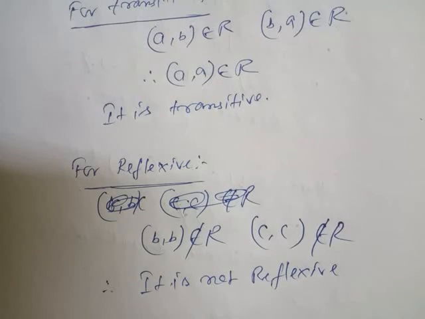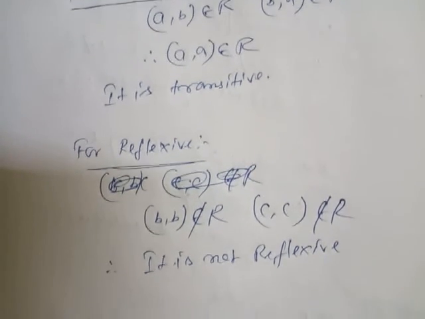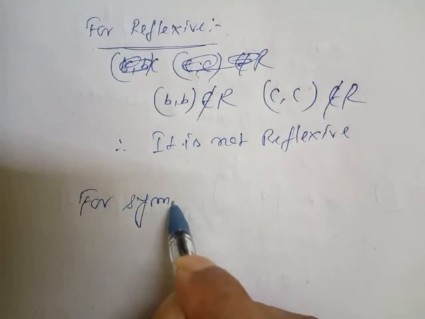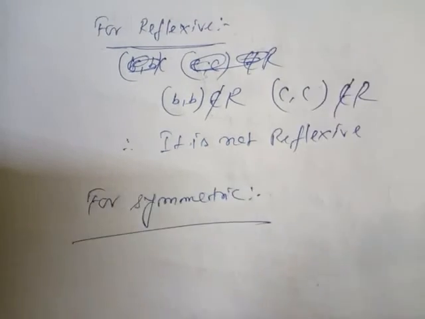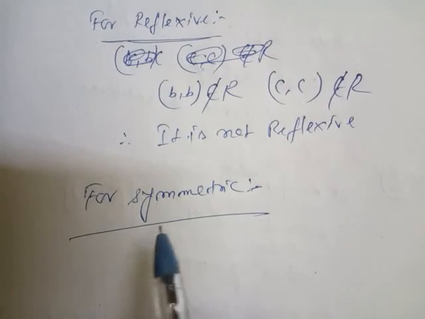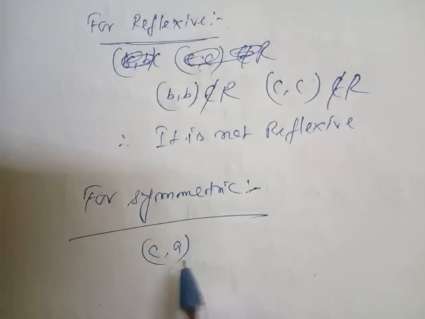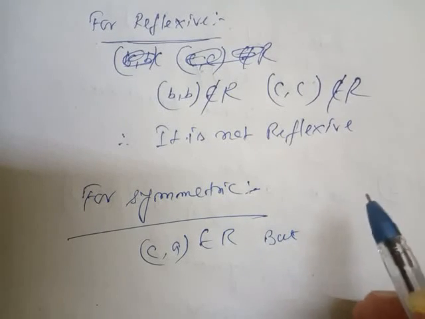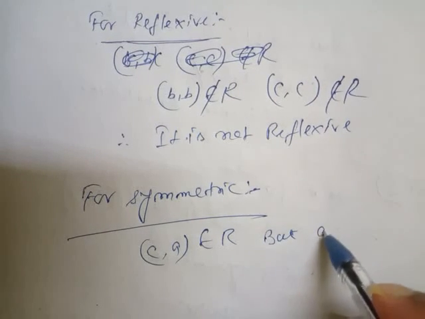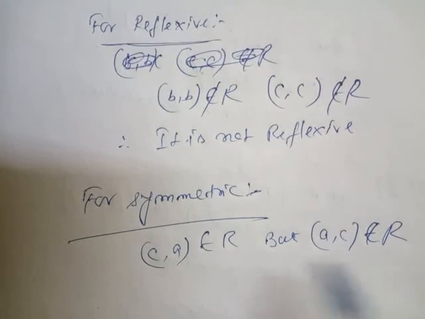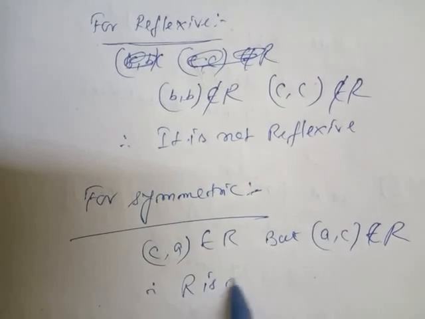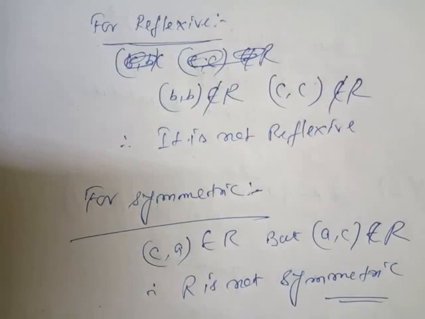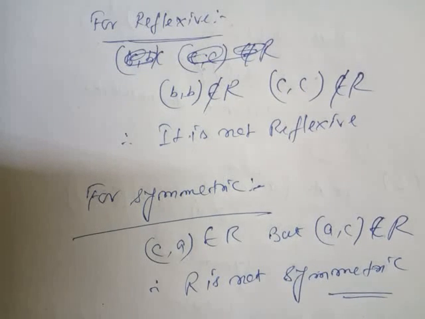Now after that, the third one is symmetric. For symmetric, (c, a) belongs to R, but (a, c) does not belong to R, so R is not symmetric. So our first question number 1, A, B, C is over now.